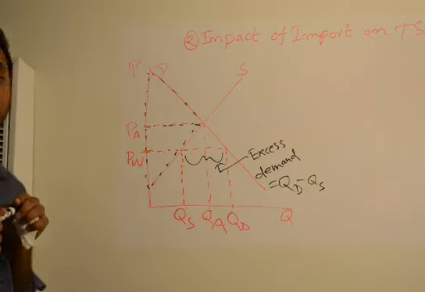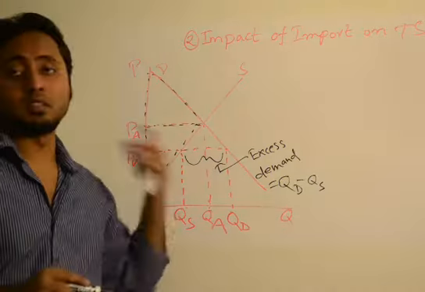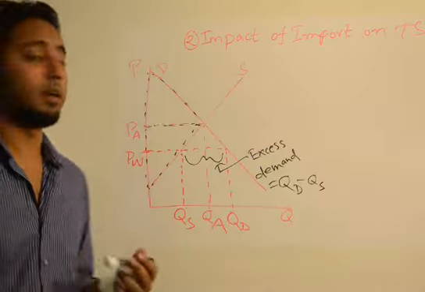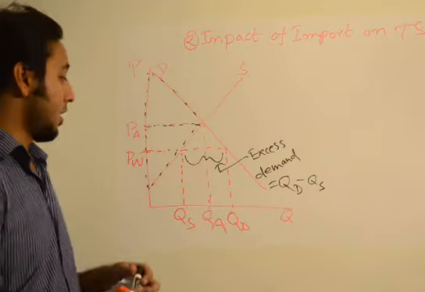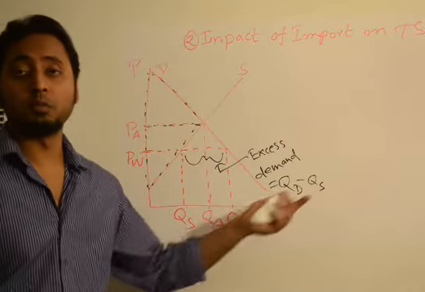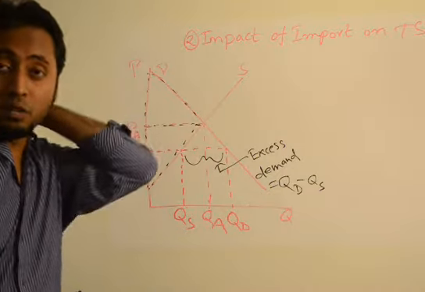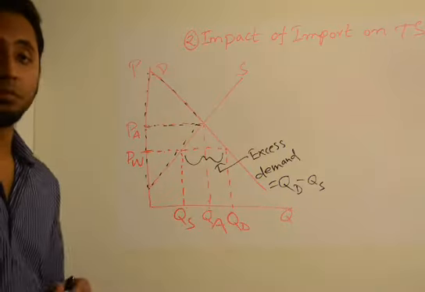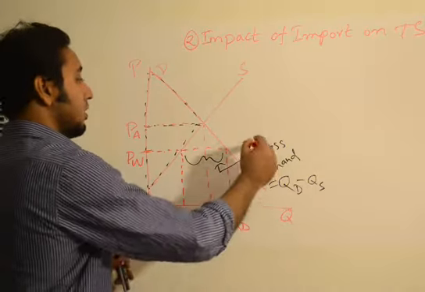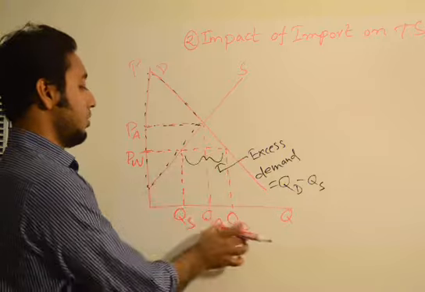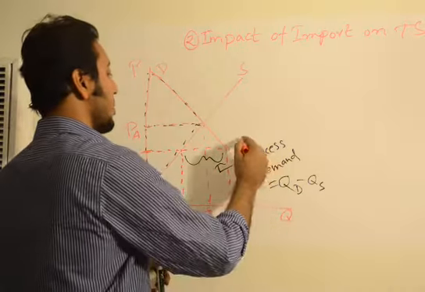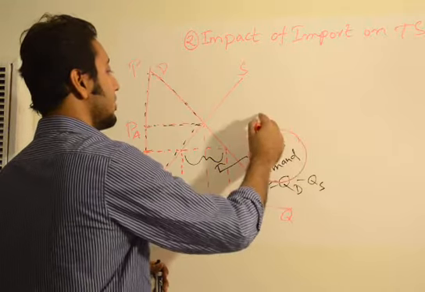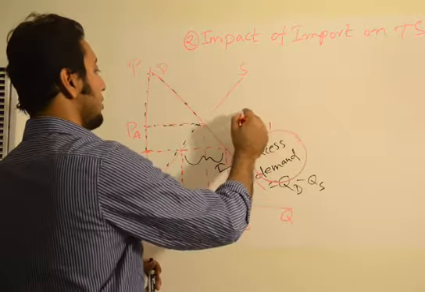And it's no surprise that this excess demand is also the quantity of imports. Okay, so this is what you are actually importing, QD minus QS. This is because the domestic demand is higher than the domestic supply. So to meet the extra demand, you import shards from China. So this distance, QD minus QS, which is the excess demand, is also the same as imports.